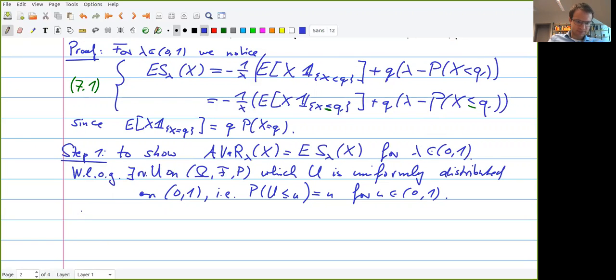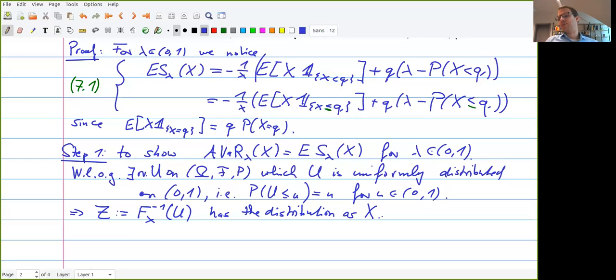And we know that if we define the random variable Z given by the generalized inverse function of the distribution function of X, and then we put U inside of it, then this has the same distribution as X. You might have seen this already, otherwise just verify that the distribution functions are the same as a two-line calculation.